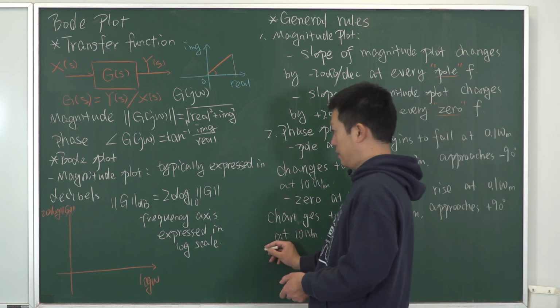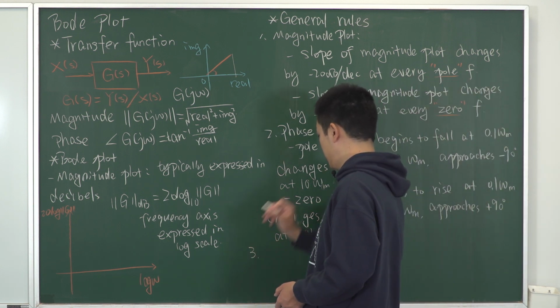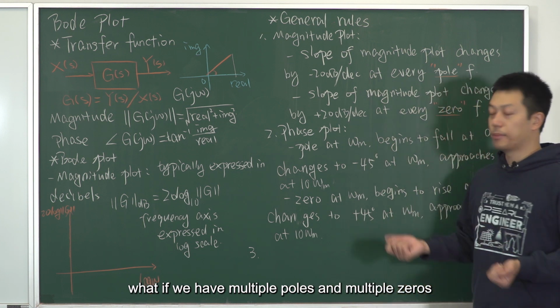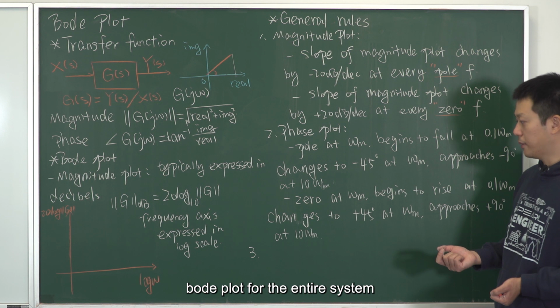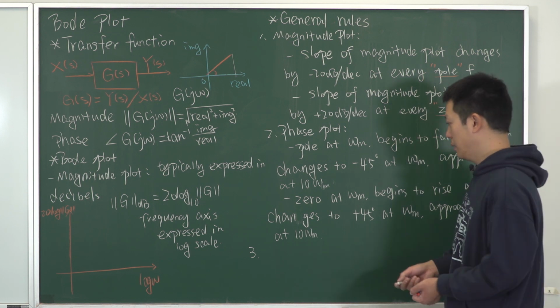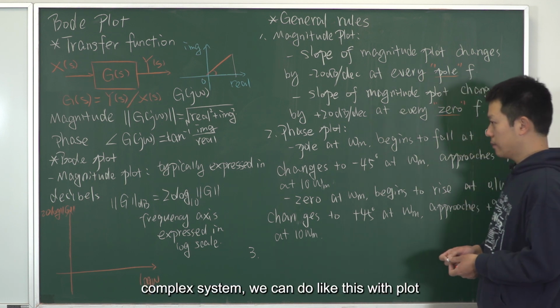The third rule: what if we have multiple poles and multiple zeros? How do we obtain the Bode plot for the entire system? For a complex system, we can do it like this.